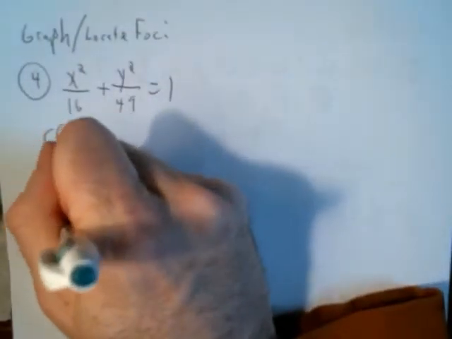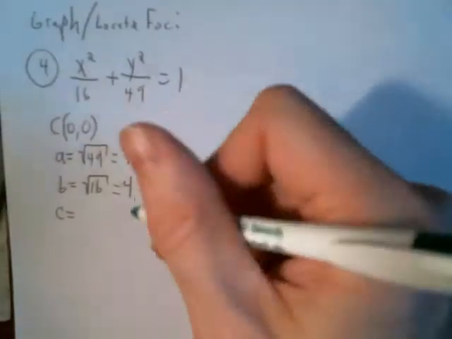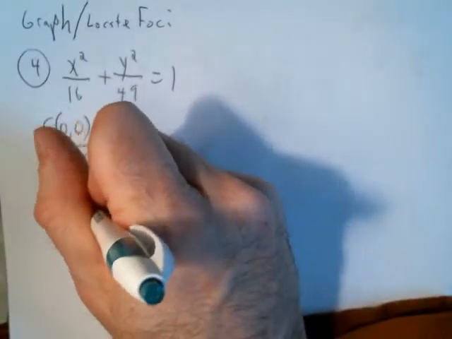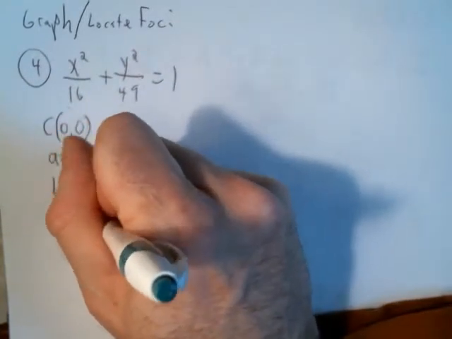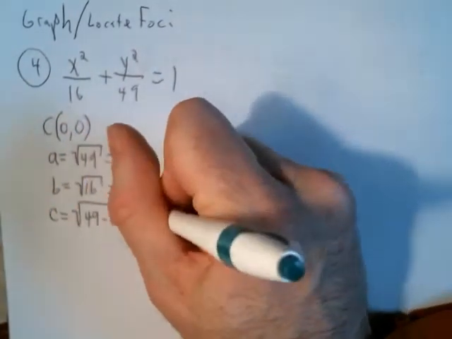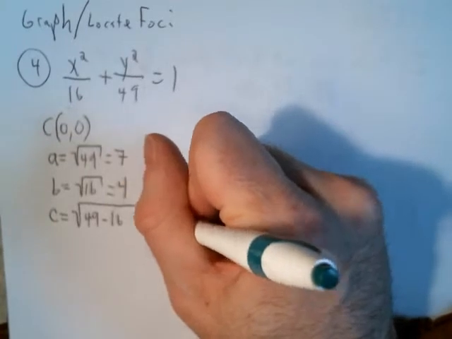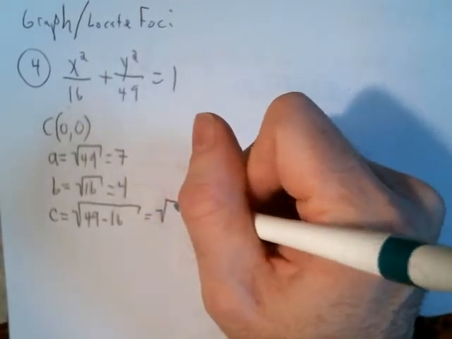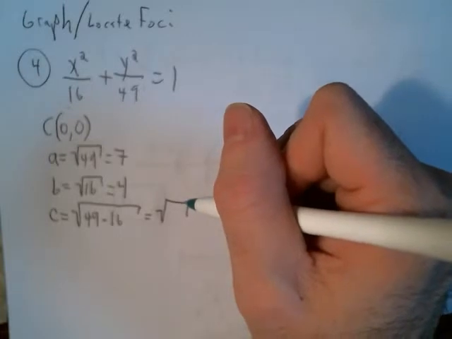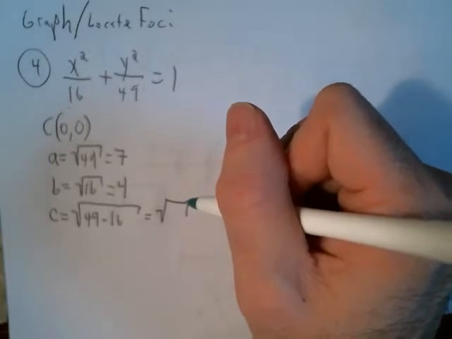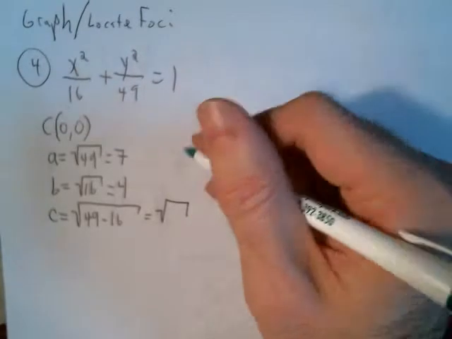And then the c value you get using the formula we just derived from the Pythagorean theorem. It'll be the square root of a squared minus b squared. Did I screw that up? I think I screwed it up in my notes. All right, well, there's that.